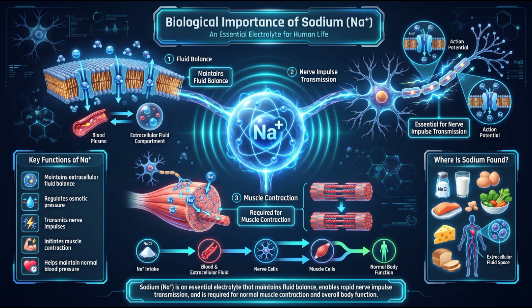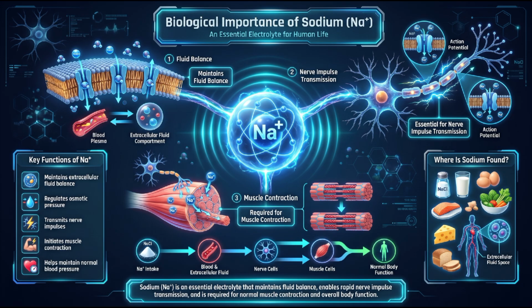This difference in sodium and potassium concentrations on either side of the cell membrane is maintained by the sodium-potassium pump, a specialized protein that continuously transports sodium ions out of cells and potassium ions into cells. This active transport mechanism is essential for maintaining resting membrane potential, nerve impulse transmission, muscle contraction, and many other cellular processes.